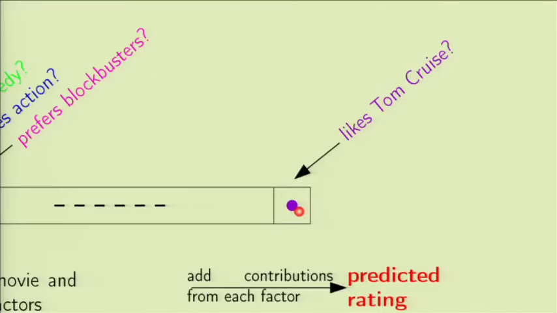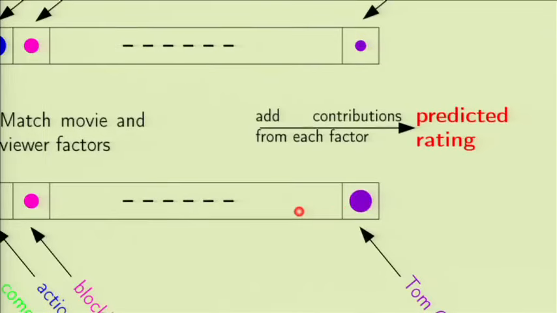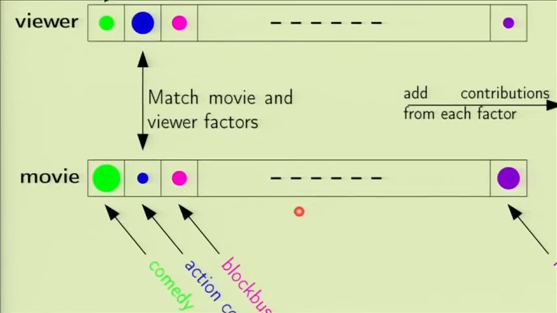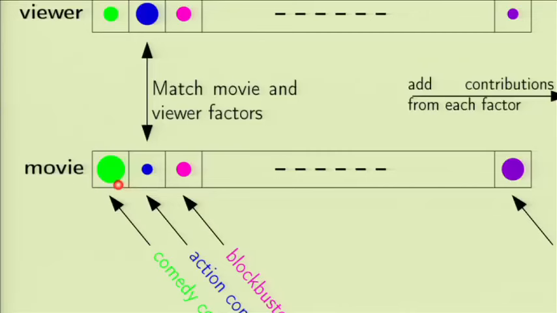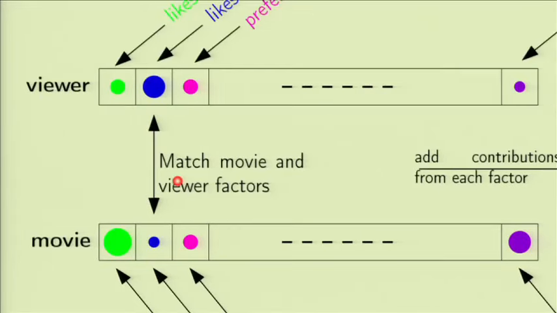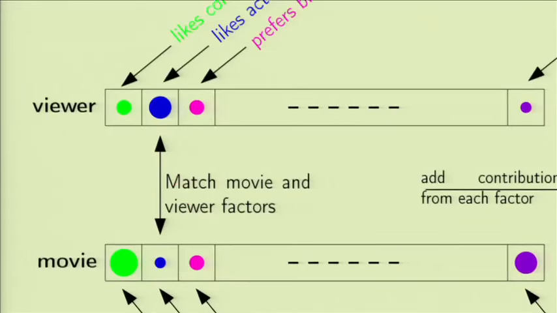Now, you go to the content of the movie itself, and you get the corresponding part. Does the movie have comedy? Does it have action? Is it a blockbuster? And so on. Now, you compare the 2, and you realize that if there is a match, let's say you hate comedy and the movie has a lot of comedy, then the chances are you are not going to like it.